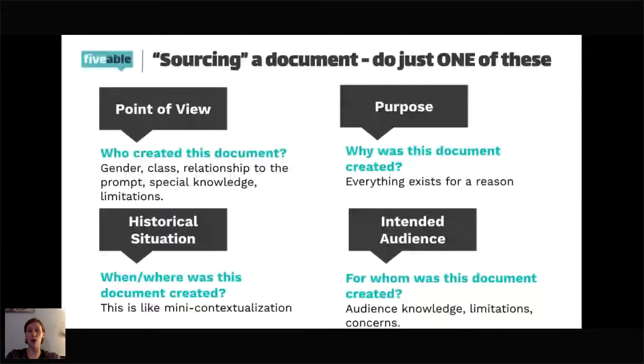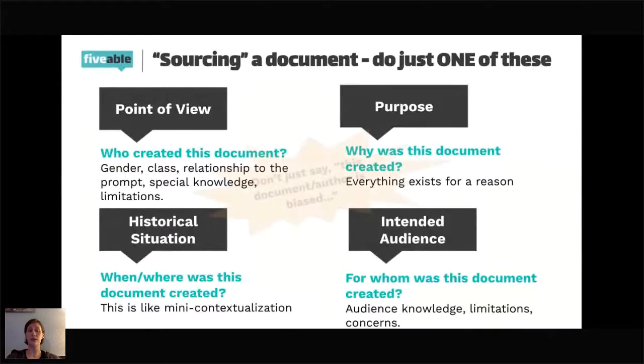The audience may have knowledge, which means that the author doesn't have to explain everything, or the audience might be limited in a particular way that requires greater explanation or persuasion. The audience might have specific concerns or interests that an author is responding to. All of these things can influence how a document gets created. And you can choose any of these to discuss for your sourcing.